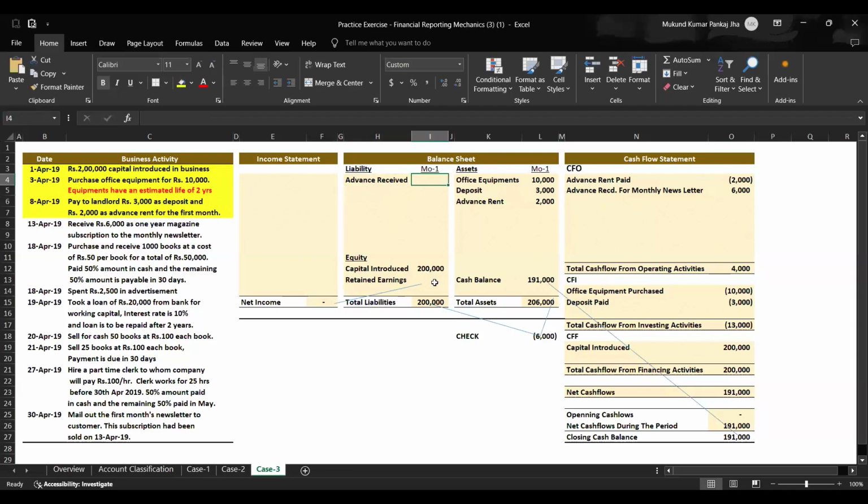Because who is the owner of this 6,000? The customer is the owner of this 6,000, and that is the liability for me. Everyone getting this? Perfect.